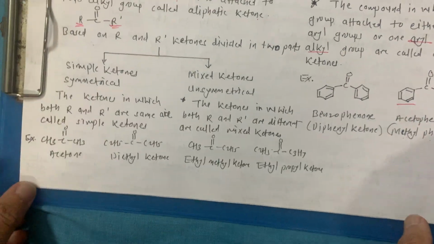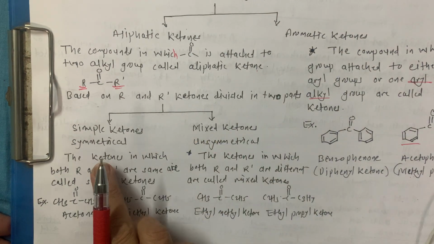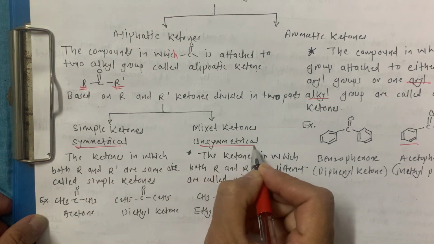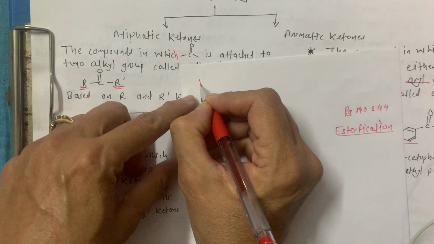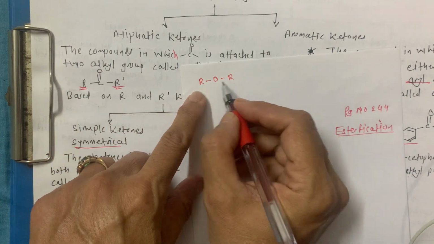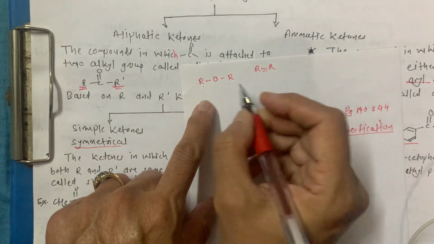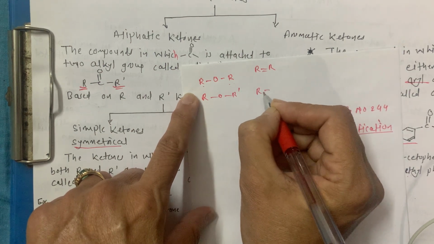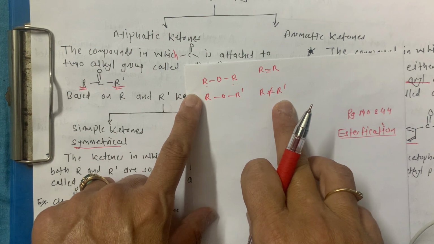One interesting part, just like in ether, we also study here in case of ketones: simple ketones and mixed ketones, or you may say symmetrical ketones and unsymmetrical ketones. In ether we studied like this: when there is ROR with R the same on both sides, this is a simple, symmetrical ether. When it is ROR dash, meaning R is not equal to R dash, this is an unsymmetrical ether.